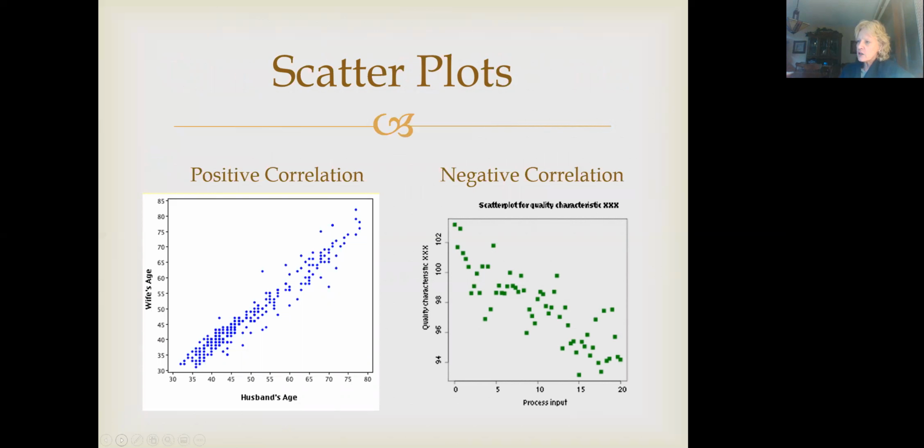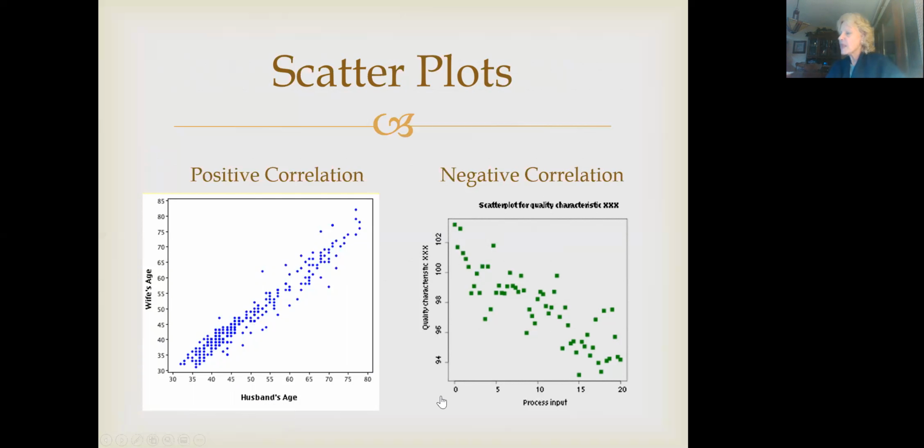As we look at the first positive correlation scatter plot, we see that as the wife's age goes up along this axis, the husband's age goes up on this axis. It's pretty much a direct positive correlation. Now this one's a negative correlation and it's not quite as strong. They're scattered out a little bit more. But this goes with the quality characteristics that they're measuring and the process input.